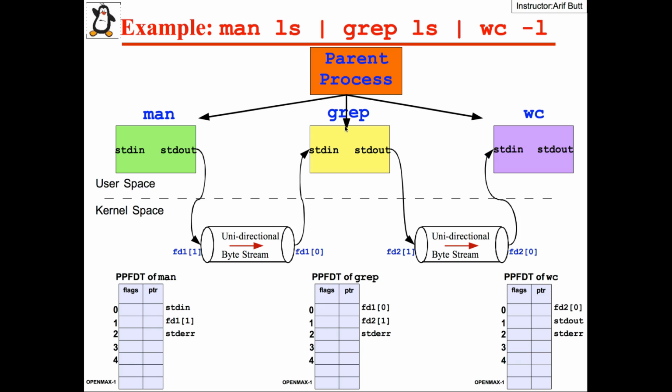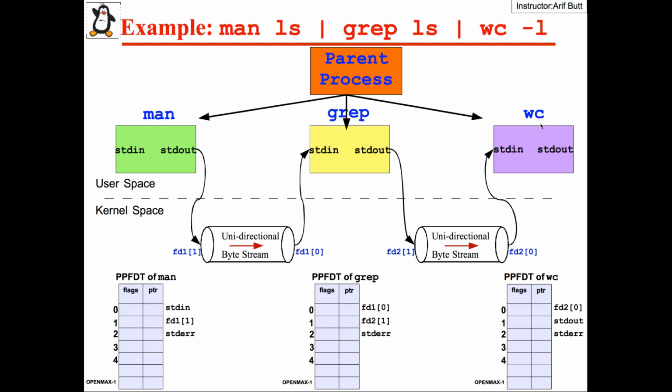Over here, the grep program, we need to redirect the input as well as the output. So you see, this should be the PPFTT of the grep program before we actually exec lp with the grep. So stdin will be pointing to the read end of this pipe, and stdout, that is descriptor 1, will be pointing to the write end of this pipe.